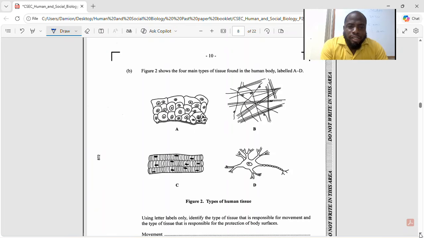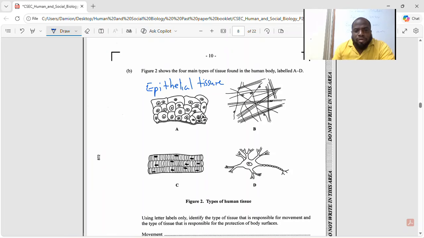You are shown the four main types of tissue found in the human body, labeled A to D, and we have different tissues in our body that are represented by the different cells coming together and working together. Right? So we have the epithelial tissue, and this helps with protection.